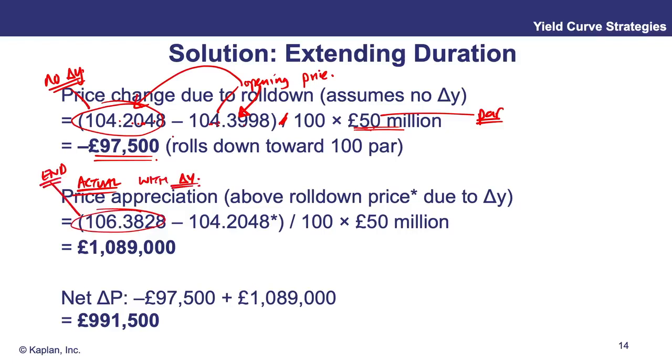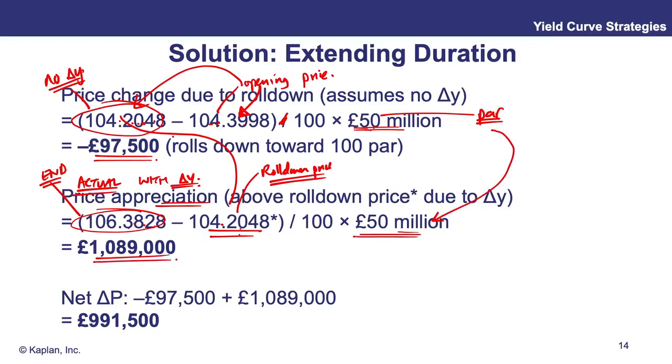We can compare that to the roll down price of 104.2048, and we can think of this as the impact of yield shifting down. So 106.3828 minus 104.2048. Once again, that's the impact for £100 of par. Divide by £100, scale up by 50 million pounds of par that we actually hold, and you'll get the sterling impact, the absolute impact of the yields changing.